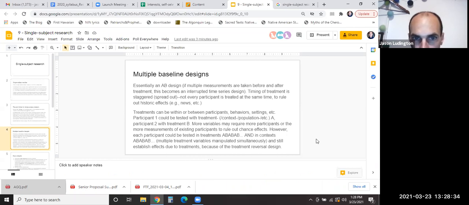Each participant can be tested, and multiple treatment variables can be manipulated simultaneously and still establish effects due to treatment because of the treatment reversal design. All right, that's a really important point.